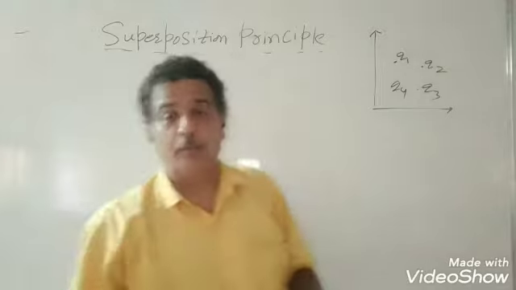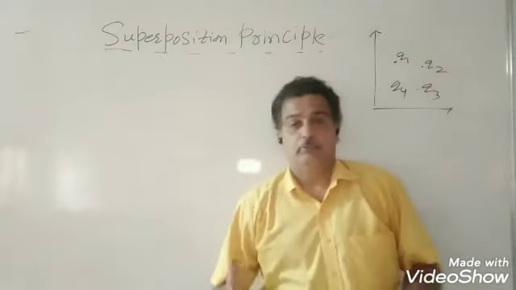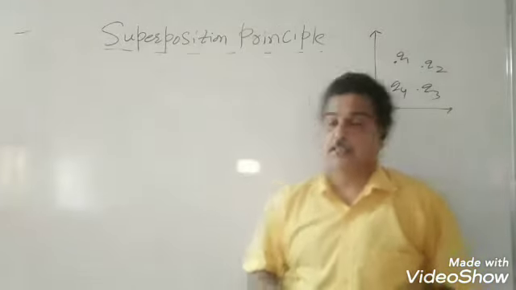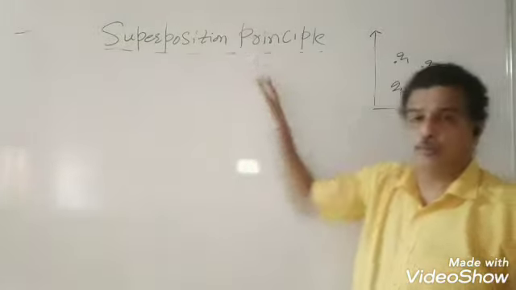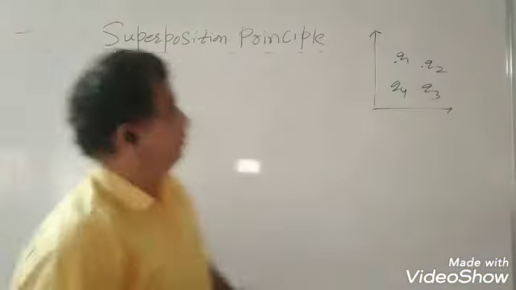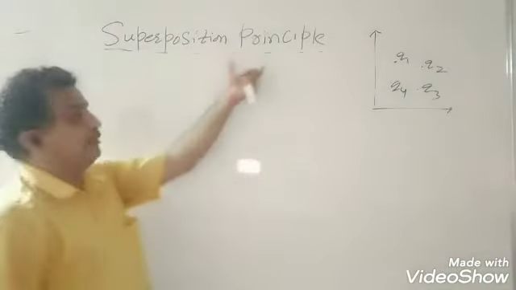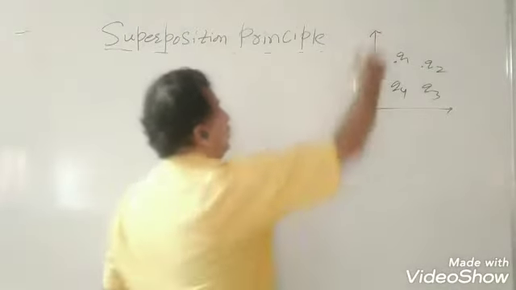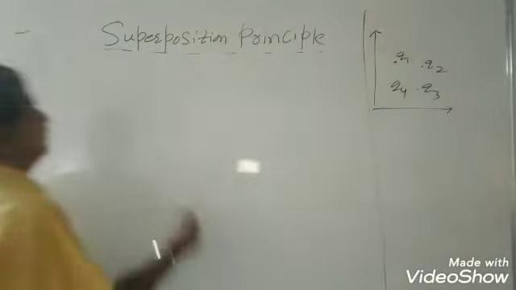So if 2 or more forces are acting on a particular charge, we have to go for the superposition principle. We will apply this superposition principle to a system of charges. Now, how is the statement given?